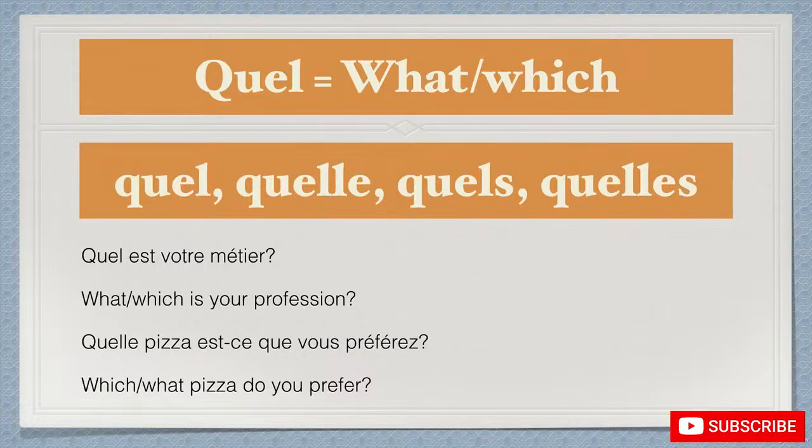However, if I can say what glass did you choose, and I can also say which glass did you choose, and they both sound okay in English, then I can use quel. Here we have quel est votre métier? What is your profession, or which is your profession? Quelle pizza est-ce que vous préférez? Which or what pizza do you prefer?